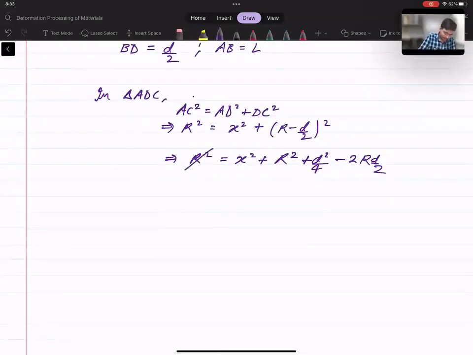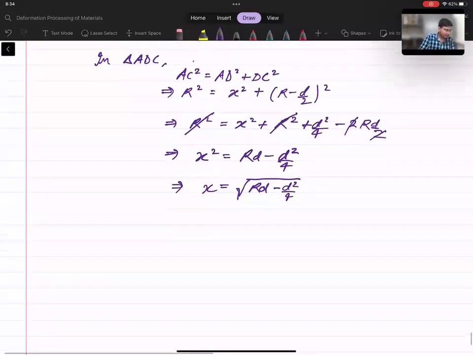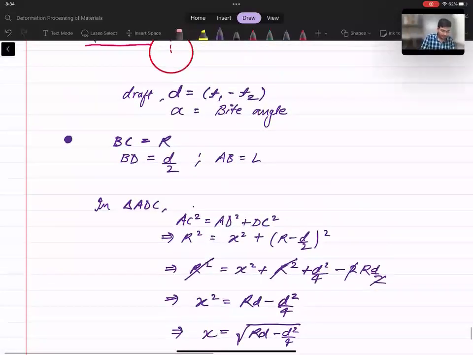This R square term gets cancelled, and ultimately we are left with X square as RD minus D square over 4. So this X is nothing but square root of RD minus D square by 4. This was the case of triangle ADC here.